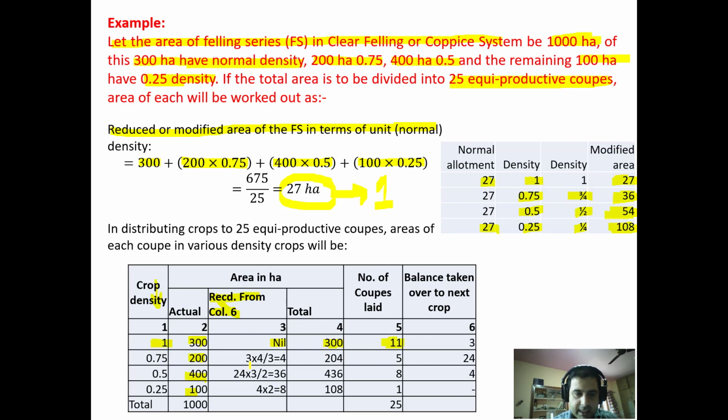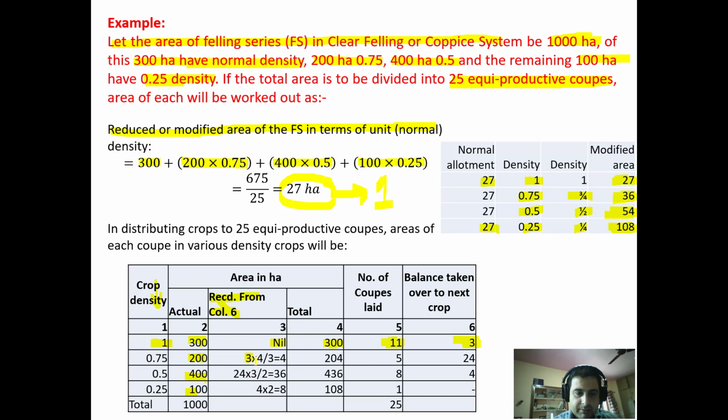Now coming to the second column, we have the received balance. What is the balance? Actually it comes out to be 11.3, so the balance of 3 has to be carried forward. But what is done here is that we are carrying the balance from density 1 to 3/4 density. So we need to multiply it by 1 and divide it by 3/4.